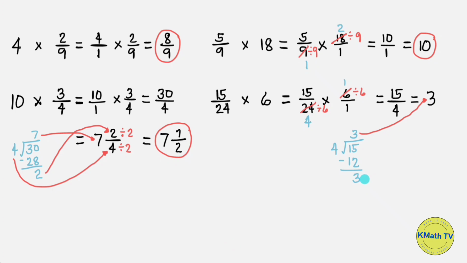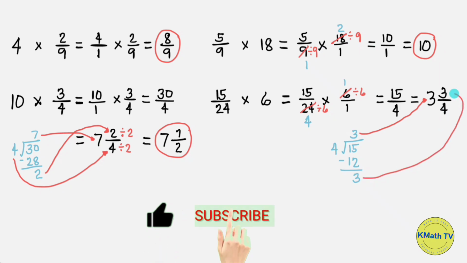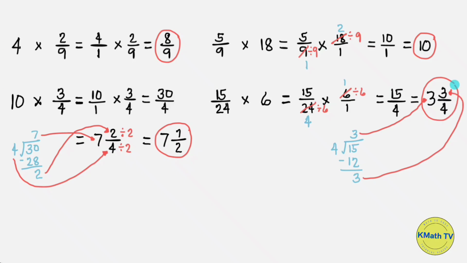The remainder is the numerator of the fraction. And the denominator is the divisor. Okay, this is how to write the answer if you change an improper fraction to a mixed number. The answer is 3 3/4.